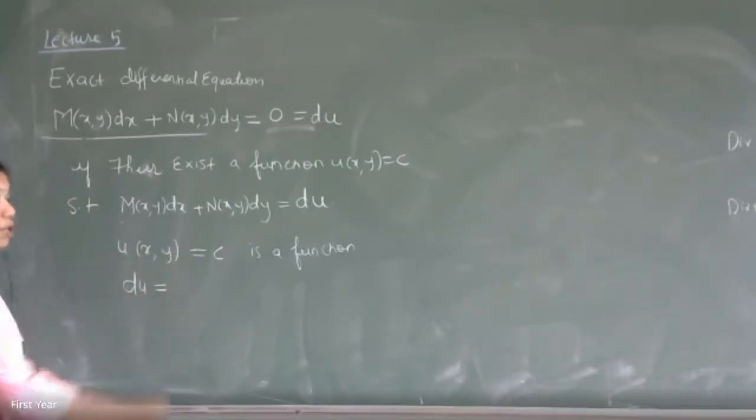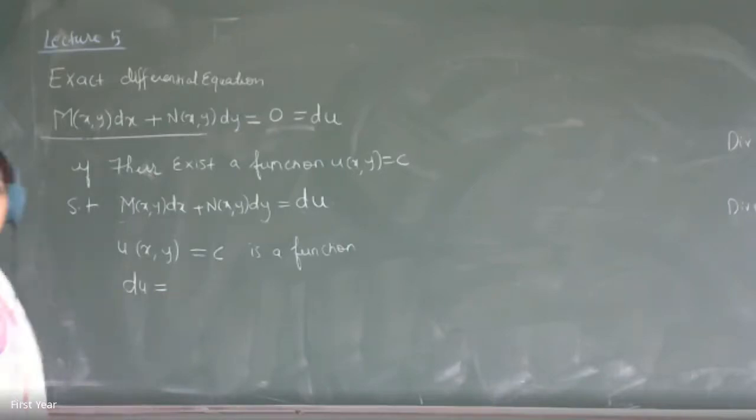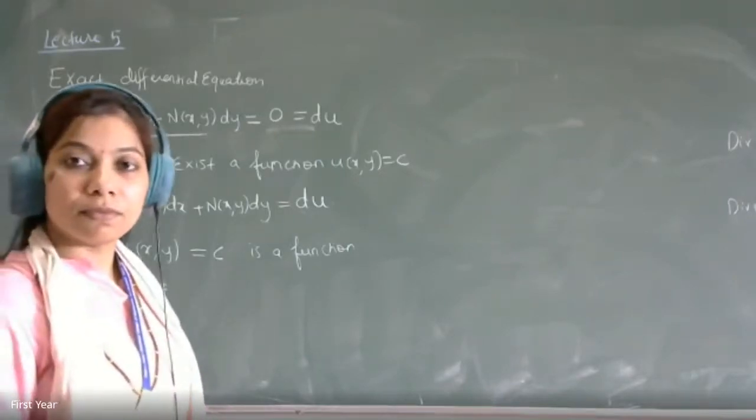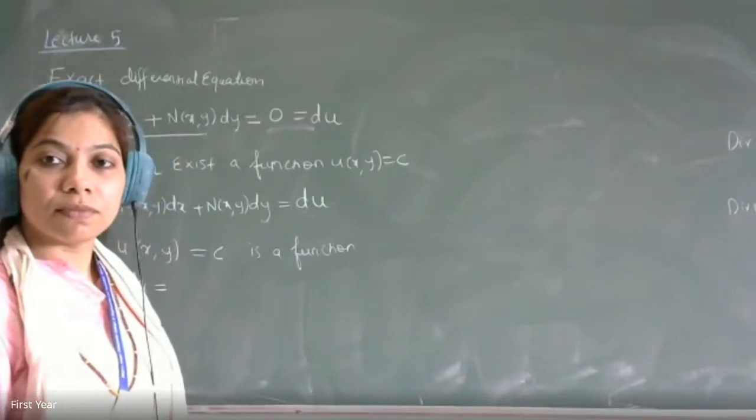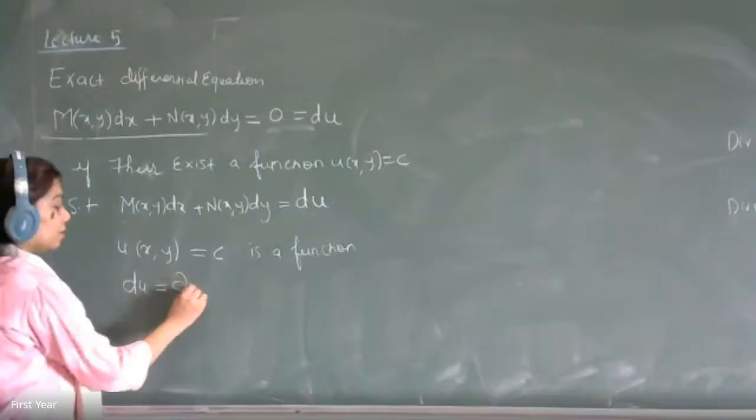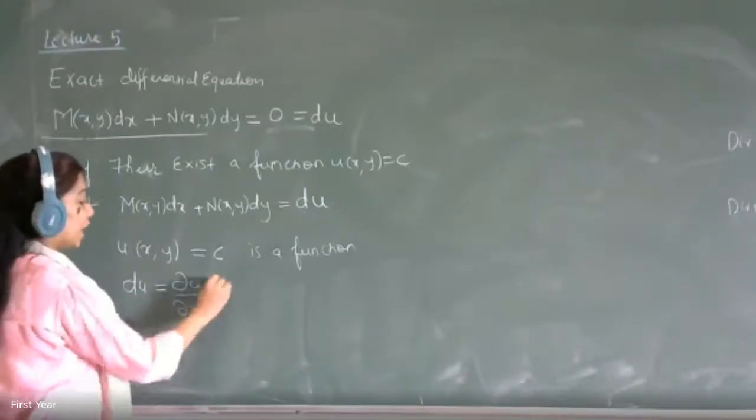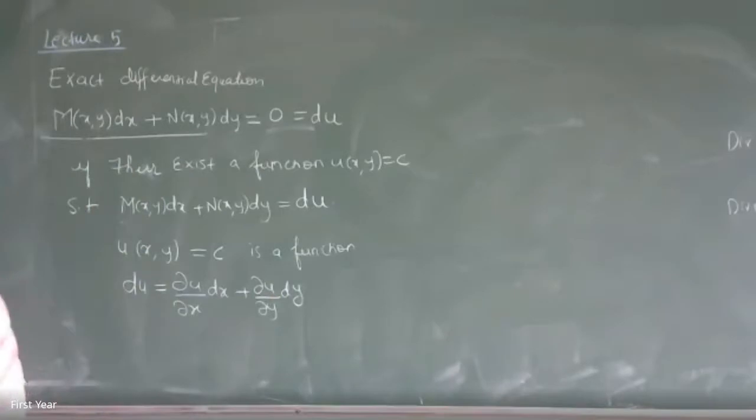So what was that total differential formula? Who can tell me? Ma'am, is it del u by del x into dx? Yes, del u by del x into dx plus del u by del y into dy. Excellent. That's the thing.